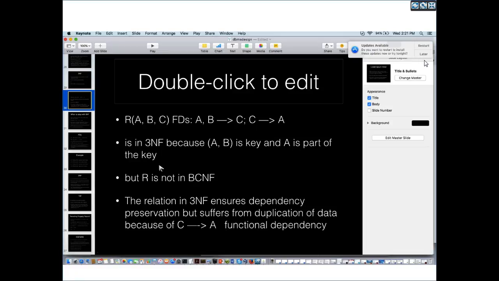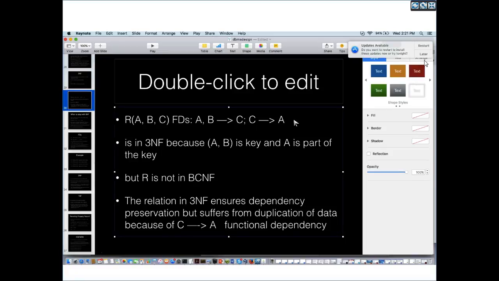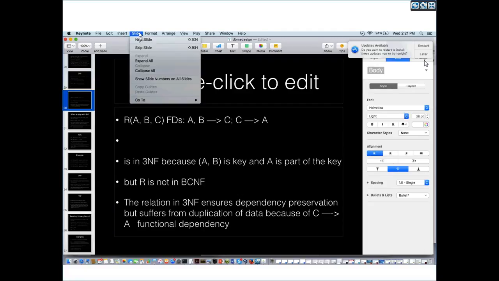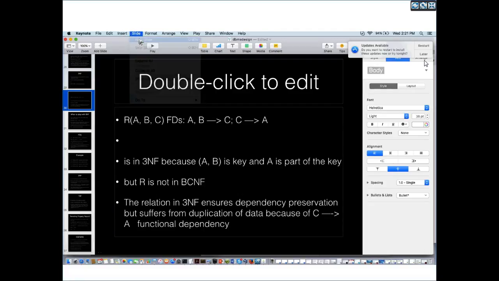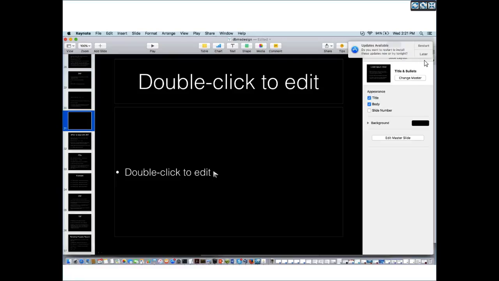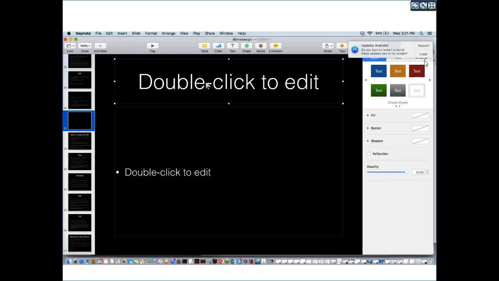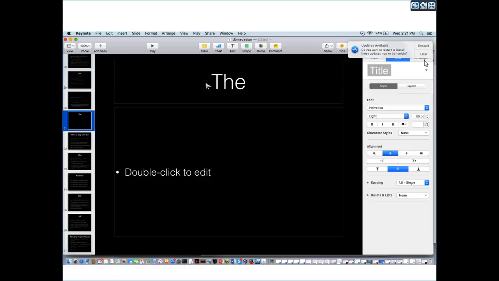But the question is, many people have a problem with the example, which is to see if a transitive dependency is going to cause a problem. I think I'll take two slides here and insert a slide. As I'm doing this online, I'm actually messing up my slides.